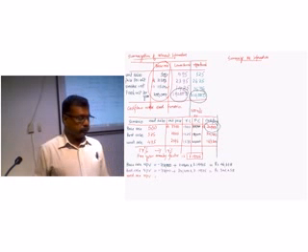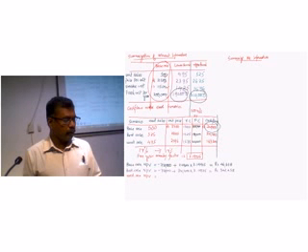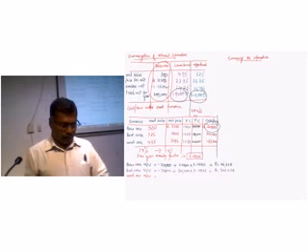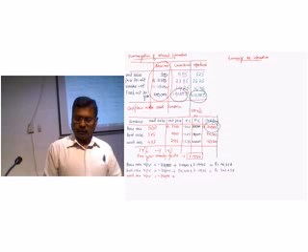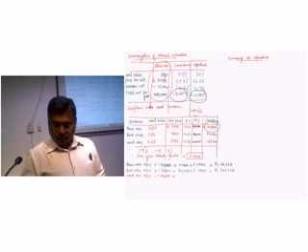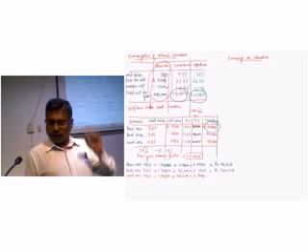Therefore, this one should be $342,258. Correct? Then we go to the worst case calculation.